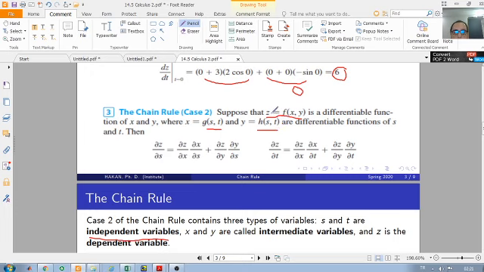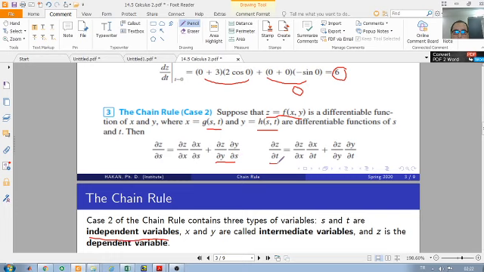The partial derivative of z with respect to s is equal to, first, the partial derivative of z with respect to x, which is the derivative of the outer function, times the derivative of the inner function x with respect to s, written as del x over del s, plus, similarly for the second variable, the derivative of the outer function by considering the variable x as a constant, times the derivative of the inner function y with respect to s.